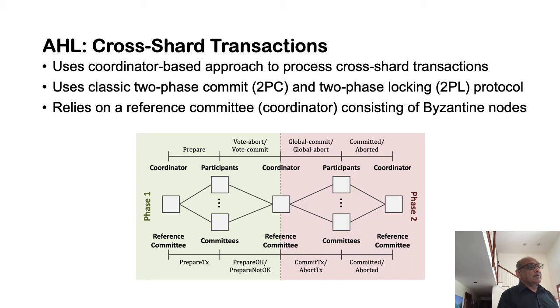Once the answers come back, the reference committee goes through a consensus round within itself to agree upon the outcome of the first phase of the transaction, then goes to the second round, and finally comes to the commitment or abortion of the transaction. So that's the outline of the proposal.